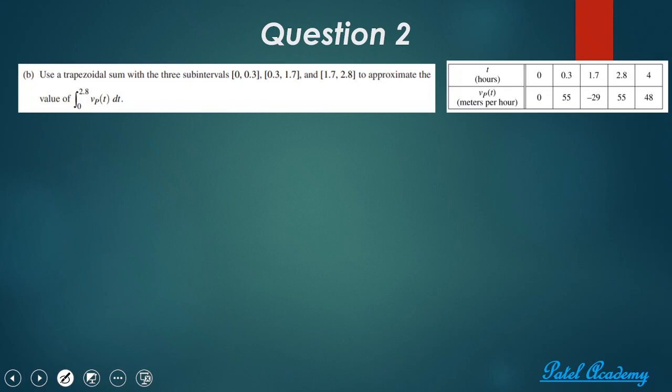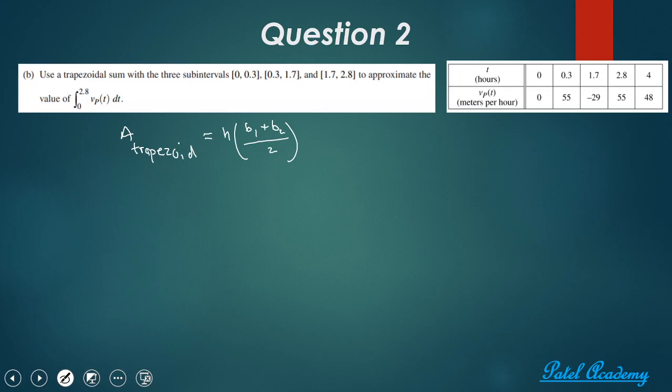A trapezoidal sum. Well, keep in mind, this might be a little bit of a geometry review. You guys should know this, but the area of a trapezoid is given by our height times our base 1 plus base 2 divided by 2.